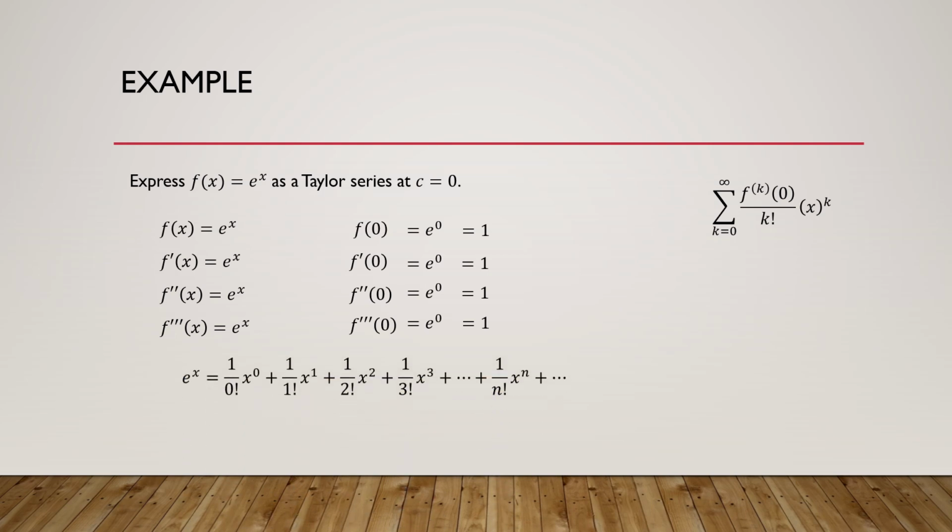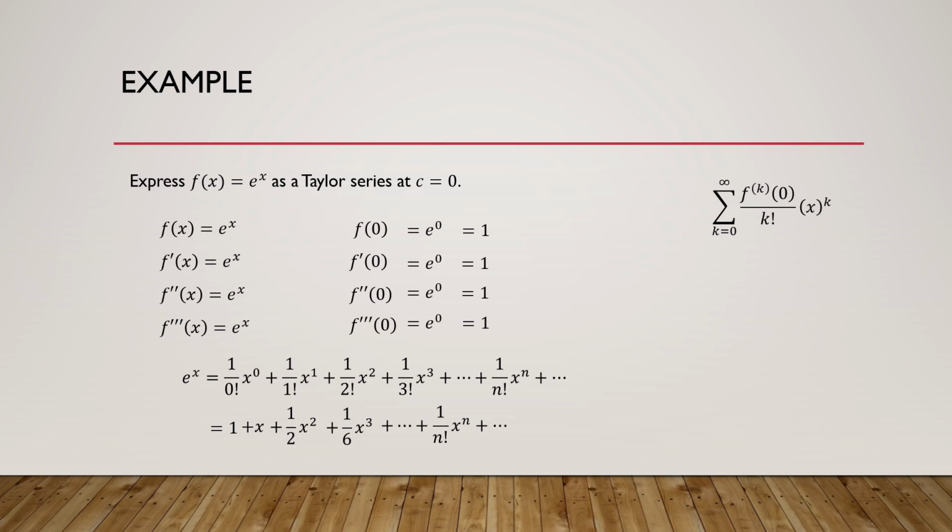Therefore, e to the x equals the first term of the series where k equals 0, 1 over 0 factorial times x to the 0, which equals 1, plus the second term where k equals 1, or 1 over 1 factorial times x to the first, which equals x, plus the third term where k equals 2, 1 over 2 factorial times x squared, which equals 1/2 x squared, plus the fourth term where k equals 3, or 1 over 3 factorial times x cubed, which equals 1 over 6 times x cubed, and so on, including the nth term, 1 over n factorial times x to the n.